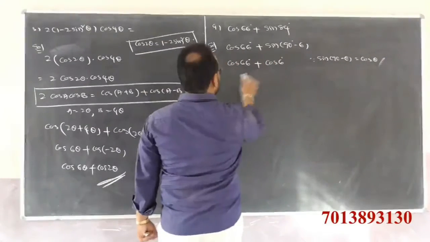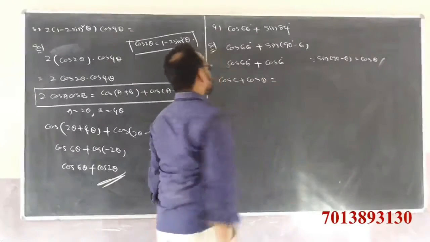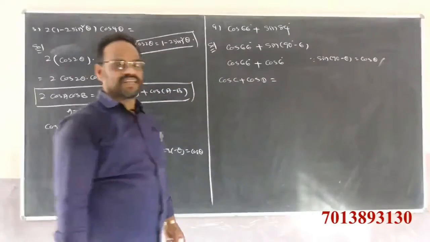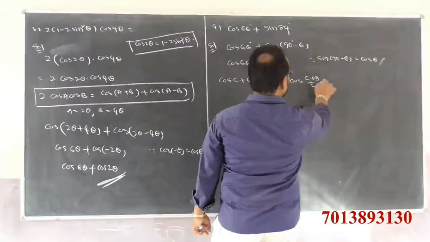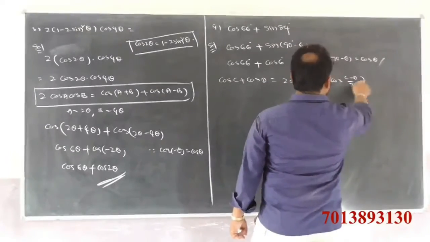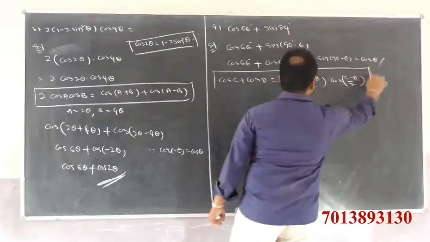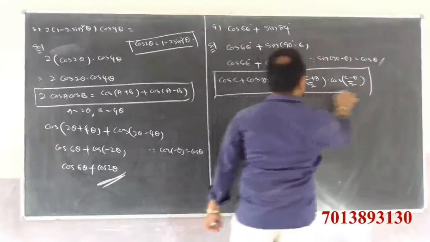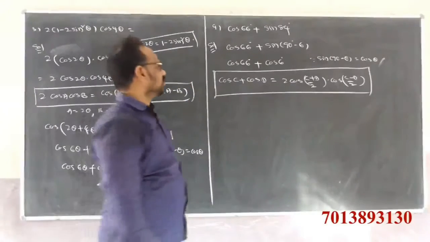So it is in the form of cos C plus cos D. We already know the formula: cos C plus cos D is equal to 2 times cos ((C plus D) by 2) into cos ((C minus D) by 2).